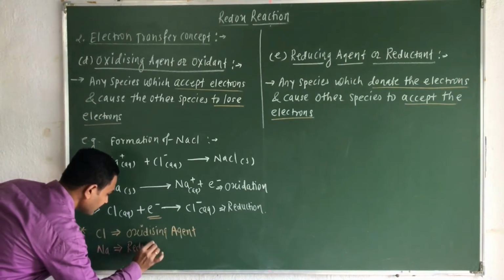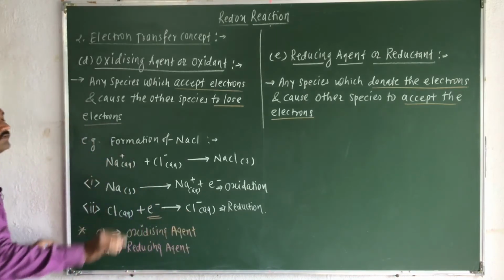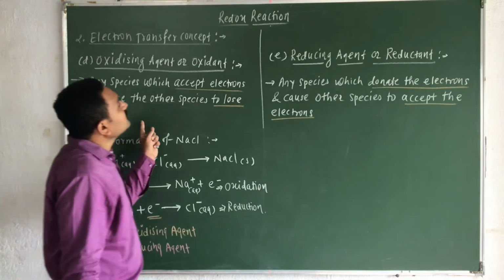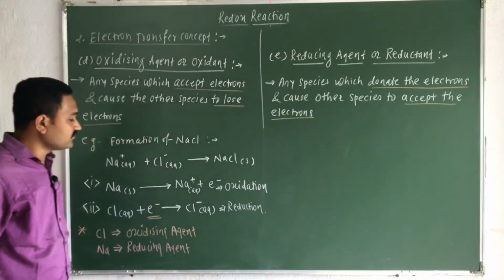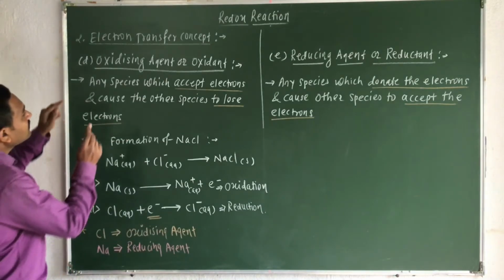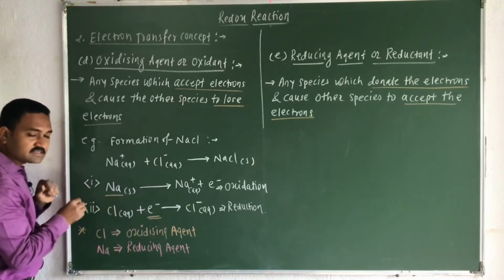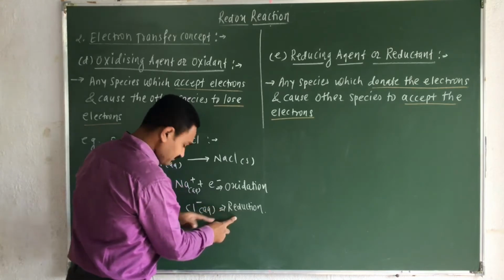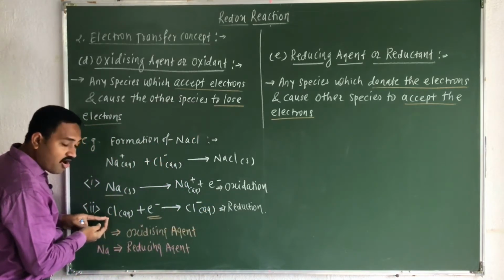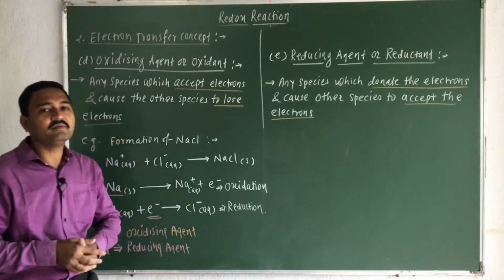So this is about the definition of your oxidizing agent and reducing agent. Remember, during this oxidation process, sodium acts as a reducing agent. During the reduction, chlorine acts as an oxidizing agent. So it is very simple. You have to remember this.